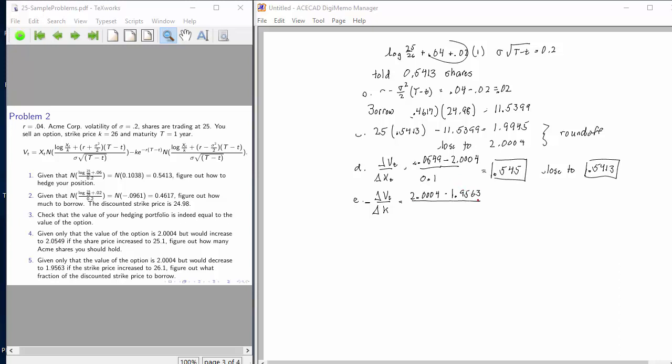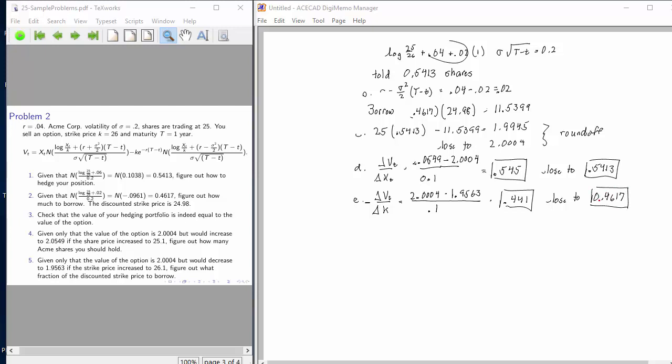I take that change in the option price that would result from a mere tenth of a dollar increase in the strike price, and I get 0.441, and that is pretty close to the fraction of the discounted share price that I need to borrow.